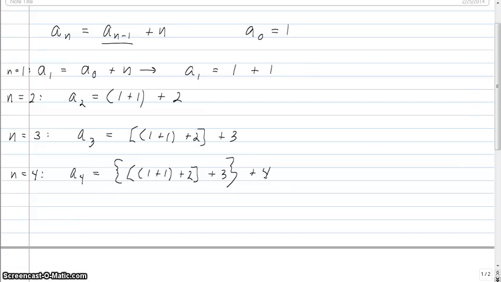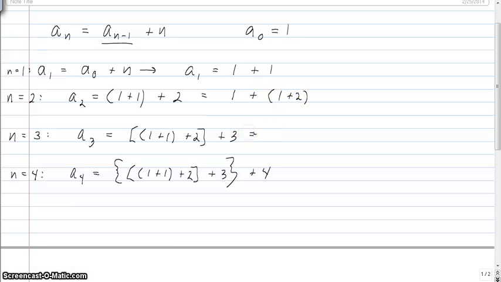Okay, but really, if I look at what's changing in each term of the sequence, it's that here I add this new value 2, here I add this new value 3, here I add this new value 4. So really, I could rewrite this second value as 1 plus the sum, 1 plus 2.